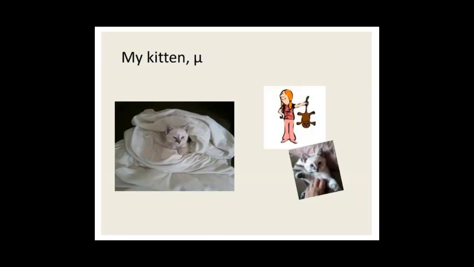So I'm going to tell you what these pictures are all about. This is my kitten, Mew, and she got her name because when I picked her up the first time, I actually had to pick her up by her tail.